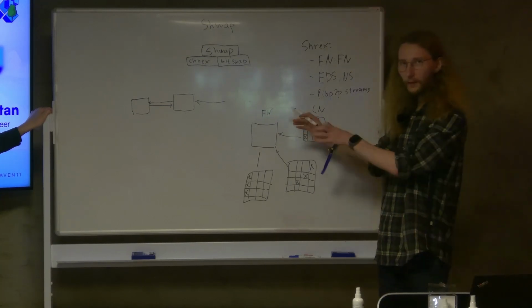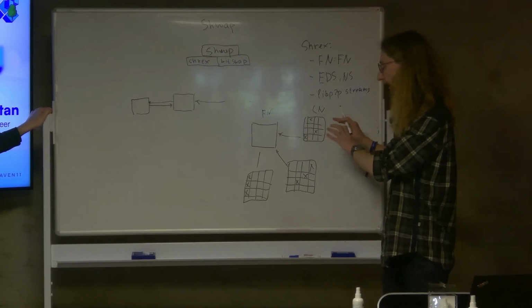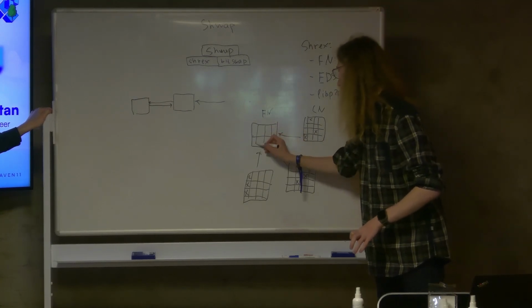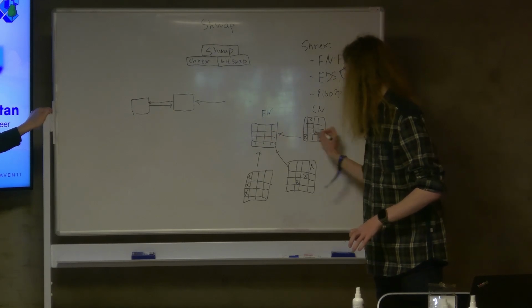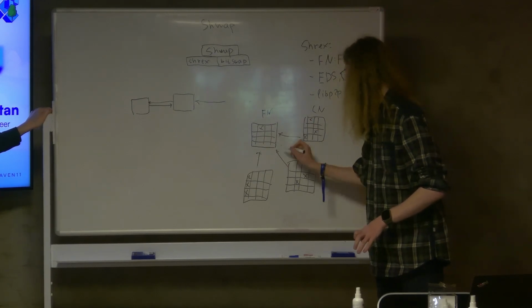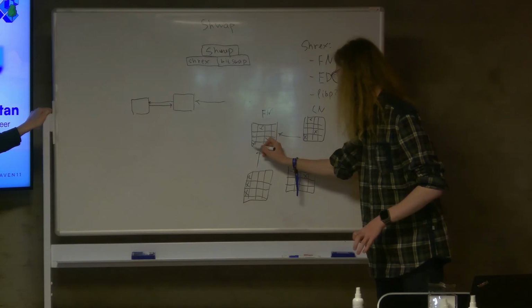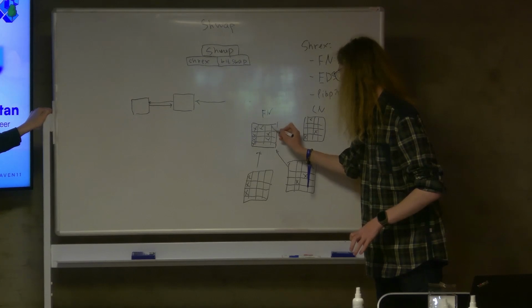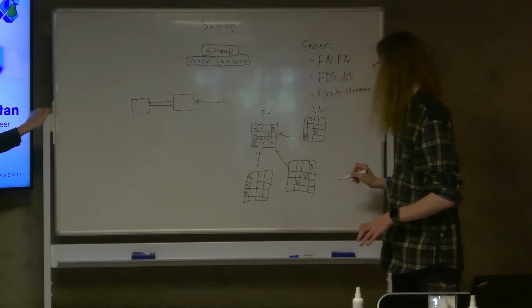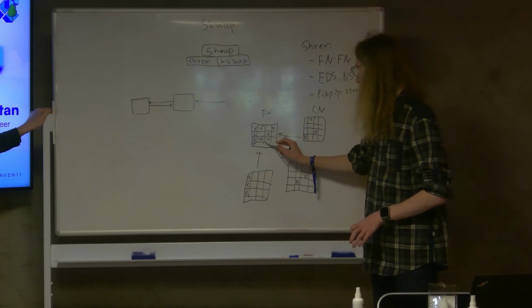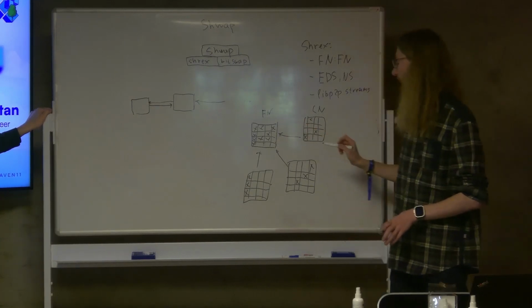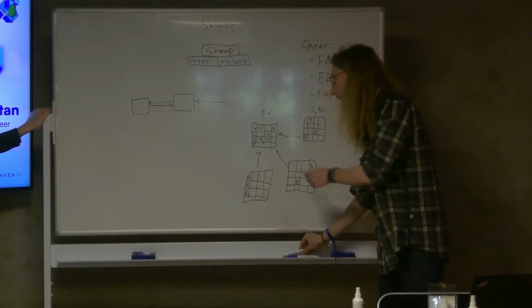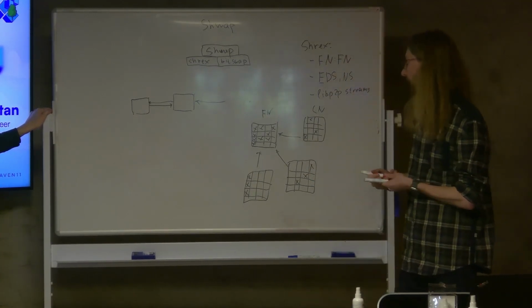So the full node aggregates all of the samples from the light nodes it's connected to and tries to recompute the block. So let's aggregate all of the samples back here. Okay, looks correct.